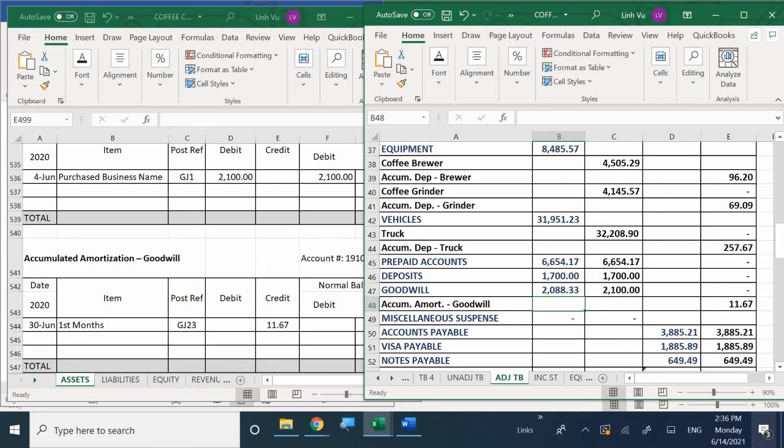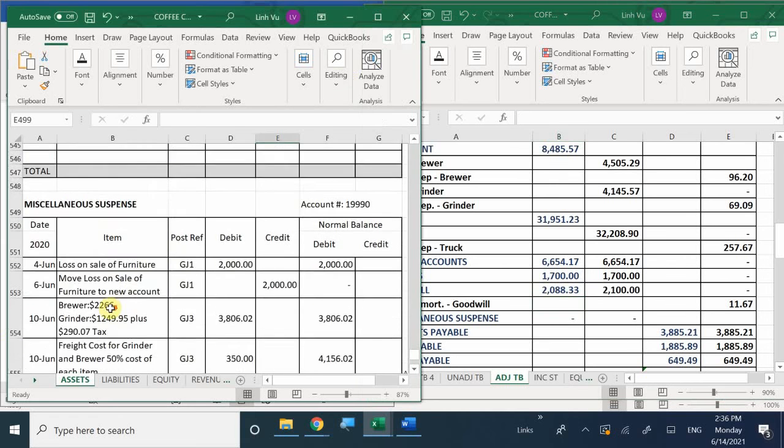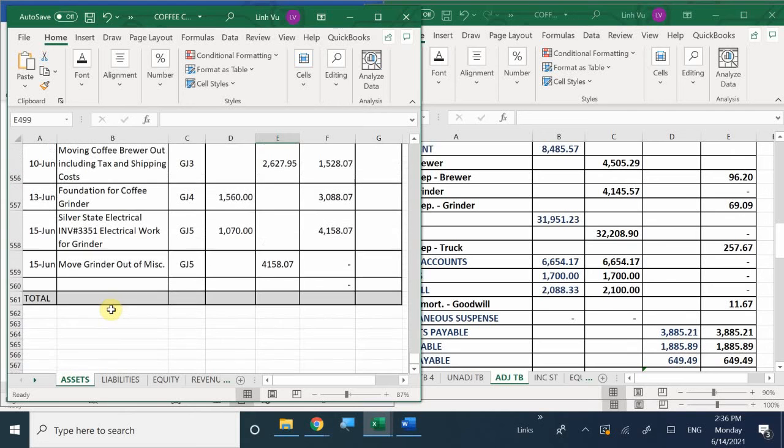So those ones, the 21 is still the same. So there we have it. That's all of our assets. That's the difficult part, because this one we need to calculate what our book values are. Everything else, you don't need to calculate anything.